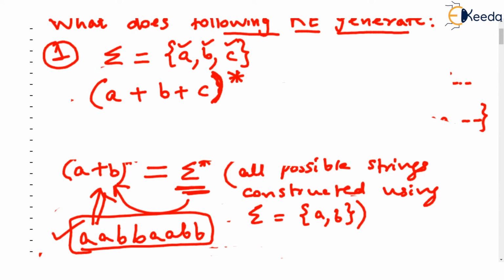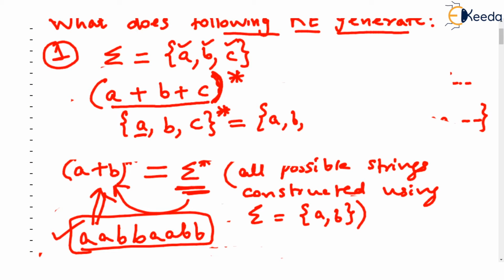Tell me, what is this inner regular expression giving us? It will give us the string a, string b, string c, and we are finding the closure of this. So we will be finding (a+b+c)^0 union (a+b+c)^1 union (a+b+c)^2 and so on.